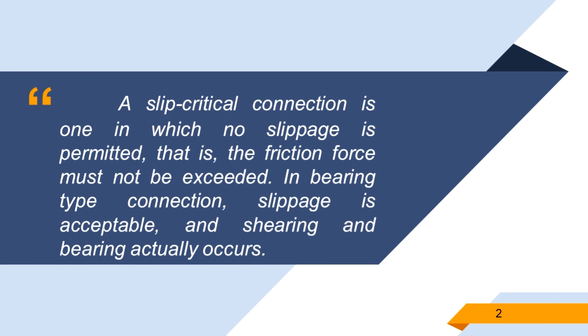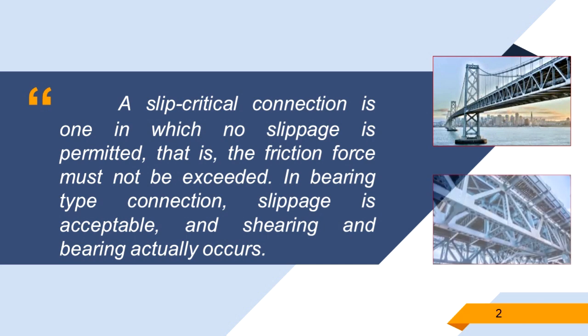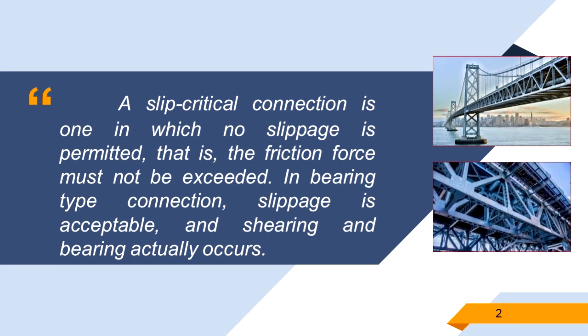In some types of structures, notably bridges, the load on connections can undergo many cycles of reversals. In such cases, fatigue of the fasteners can become critical if the connection is allowed to slip with each reversal, and a slip critical connection is advisable. In most structures, however, slip is perfectly acceptable, and a bearing type connection is adequate.